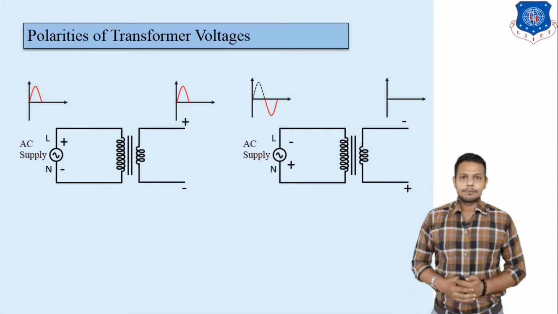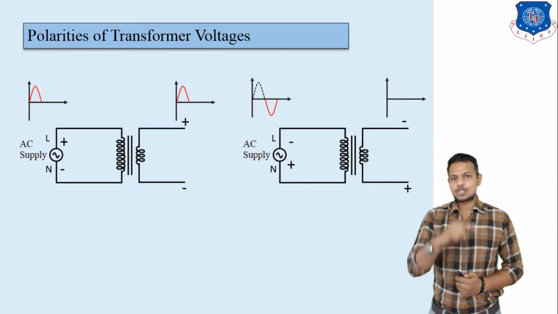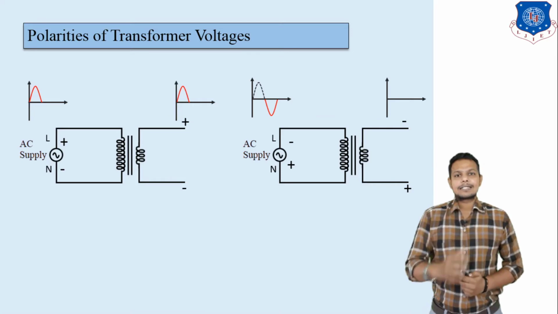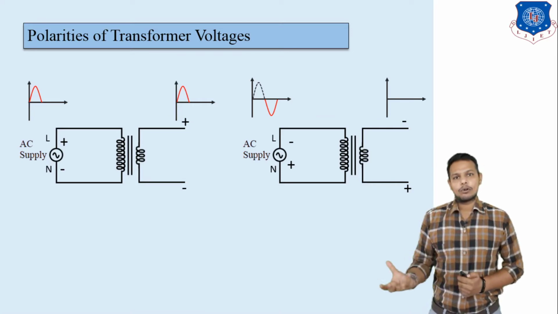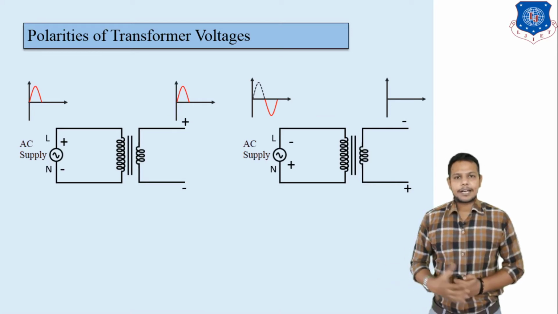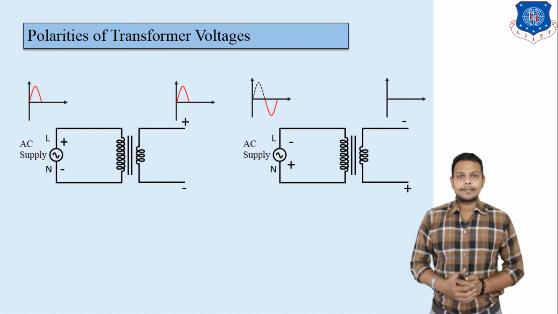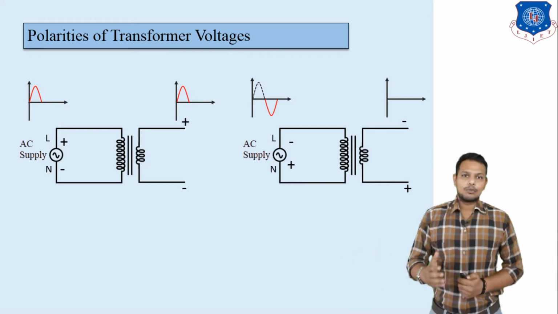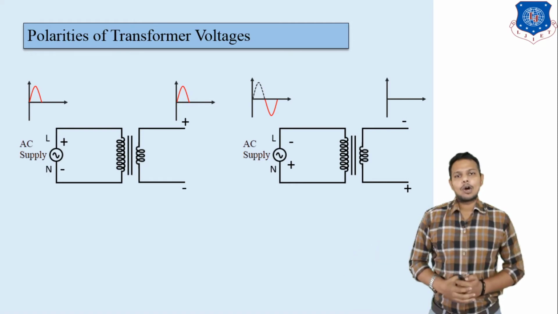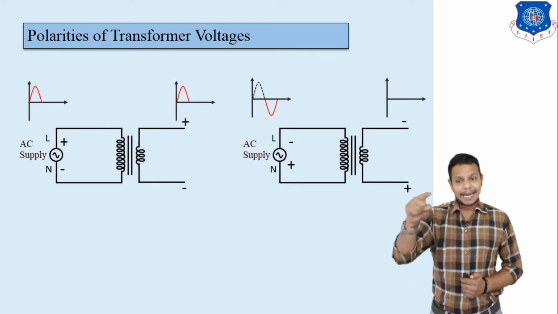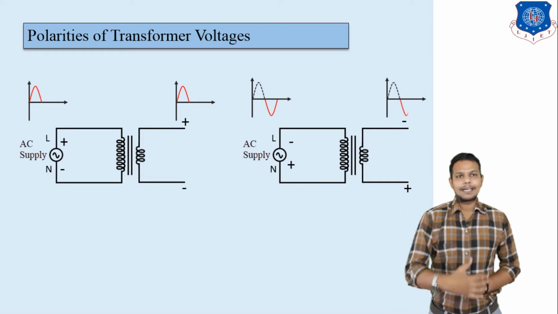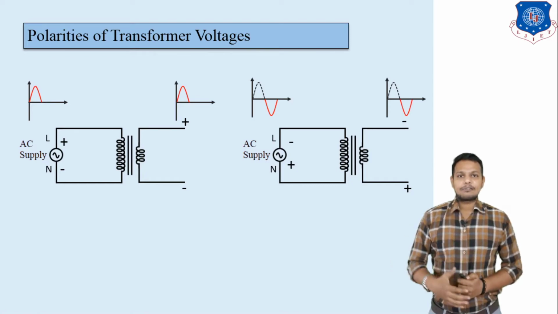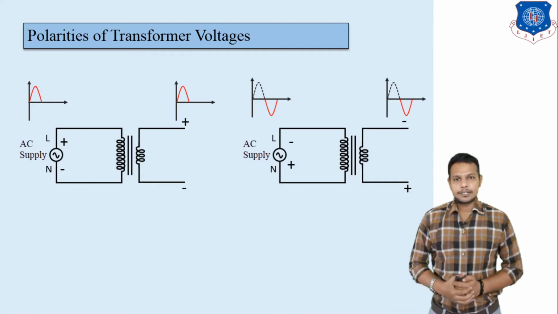Similarly, that polarity is applied to the second winding, the secondary winding. With the same polarity, whatever you enter on your input side, you will get the same on your output side. If you enter a negative waveform, you will get a negative waveform from the output side. This is the basic fundamental of transformer voltages.